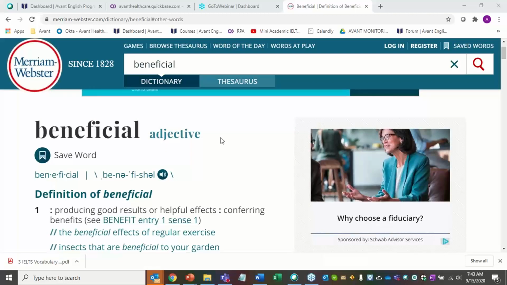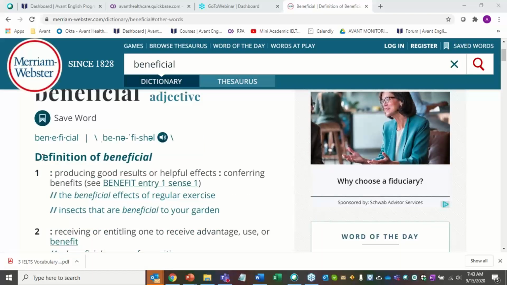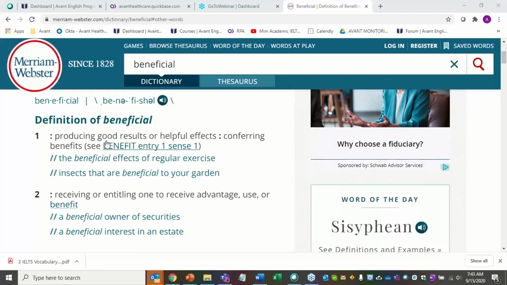So bold letters, they tell you it's an adjective, so we know the part of speech. Then they give you the pronunciation of the word as well. And then the definition of beneficial: producing good results or helpful effects.